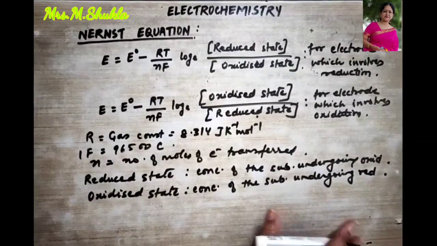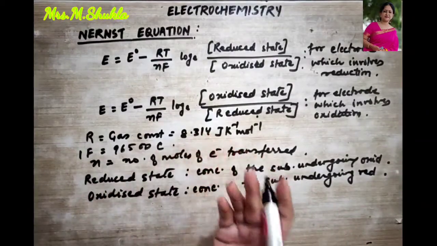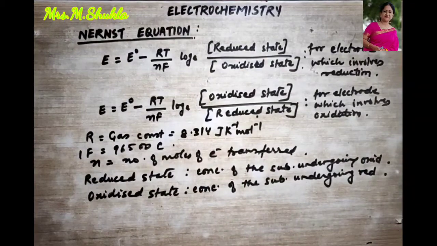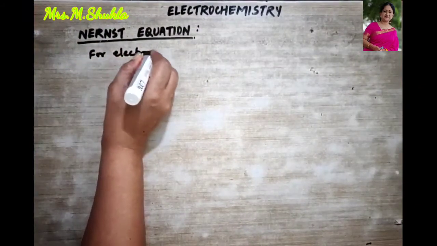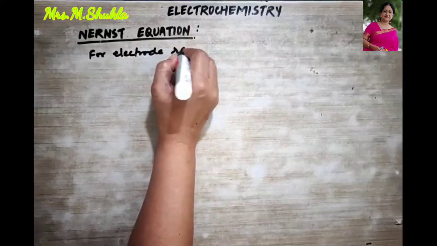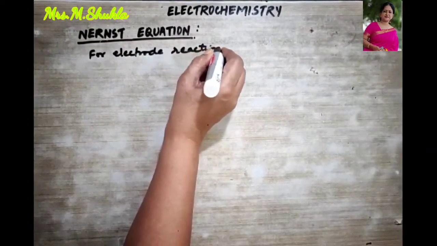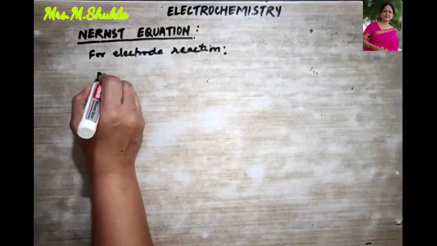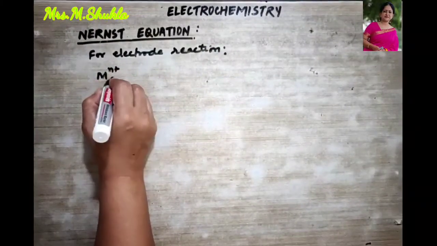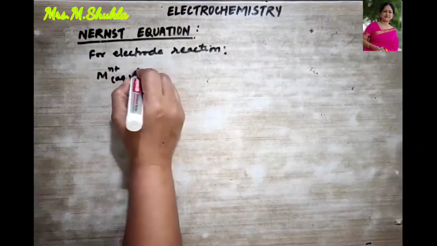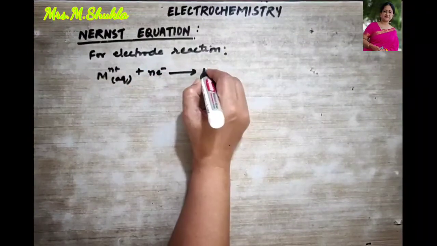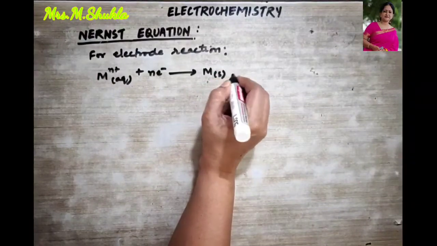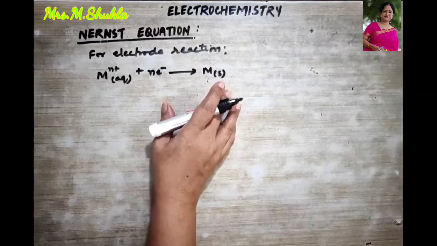Clear? So now for the electrode reaction, how do we write it down? Let's see. If we take any cation in the aqueous state, it will accept a number of electrons and it is going to give us the metal which will be in its solid state. Clear?